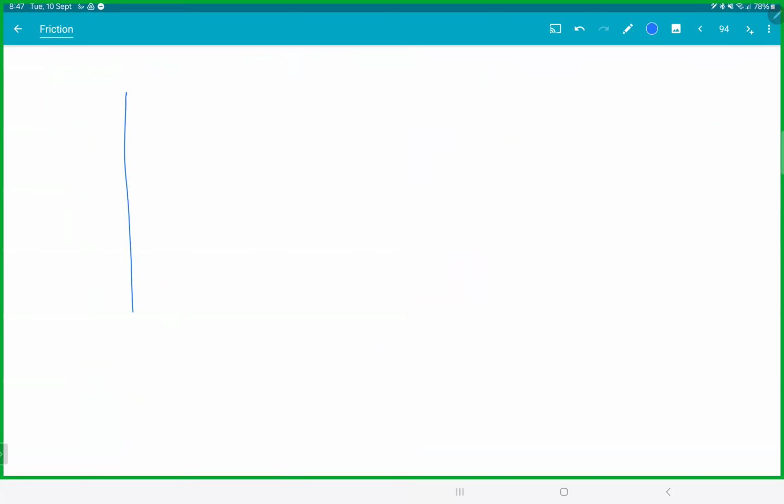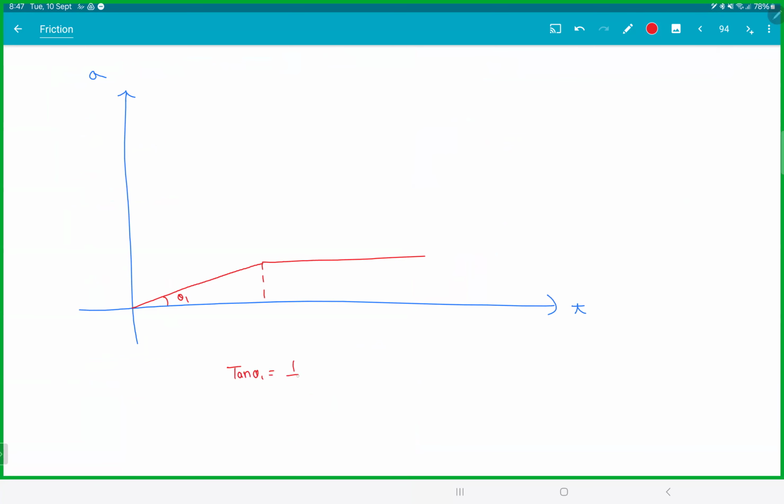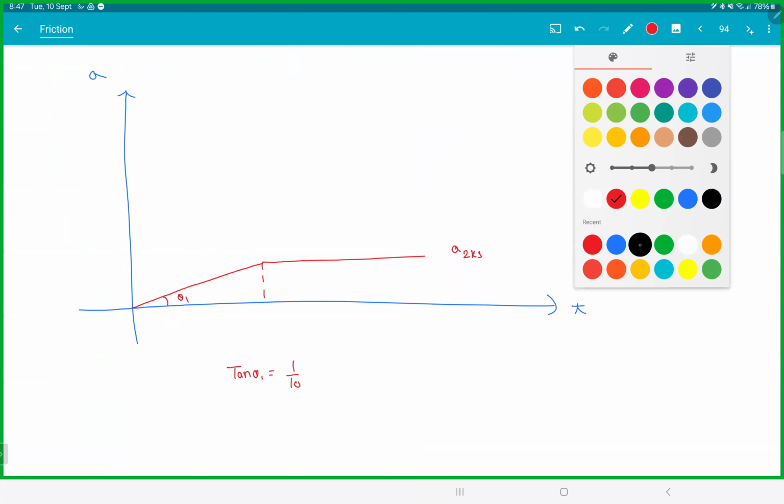So if you try to plot the graph, first the 2 kg will become constant like this. This is theta 1 and tan theta 1 is 1 by 10. This is the 2 kg.